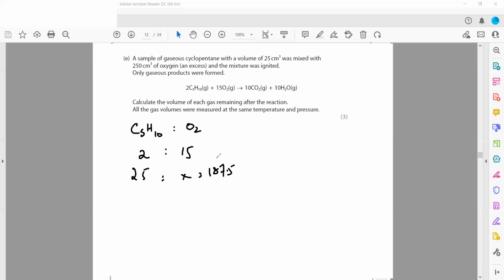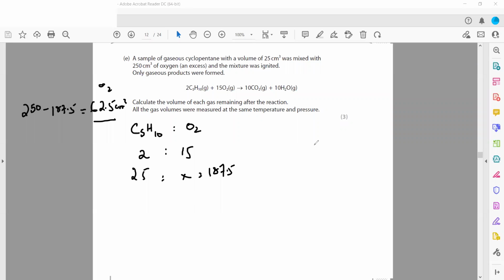That is how much oxygen reacts. But we want to find how much gas remains. So unreacted oxygen will be 250 minus 187.5. So the amount of oxygen which is left is 62.5. So this is one thing, the amount of oxygen.